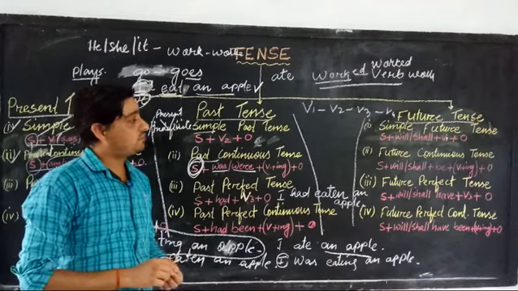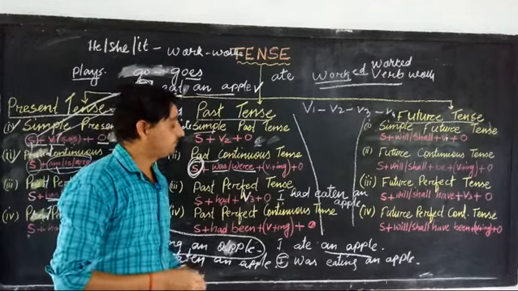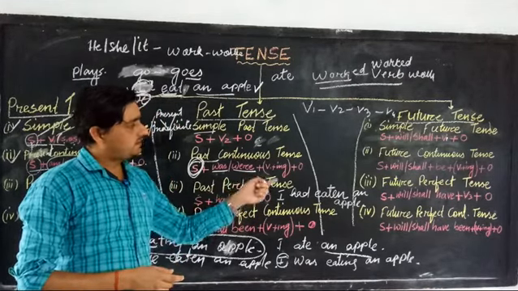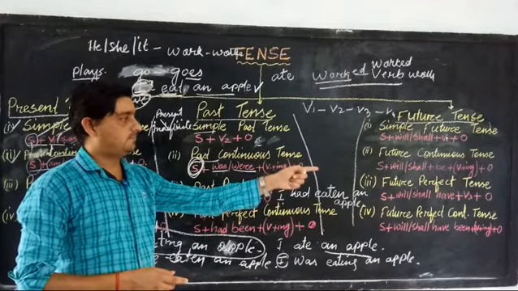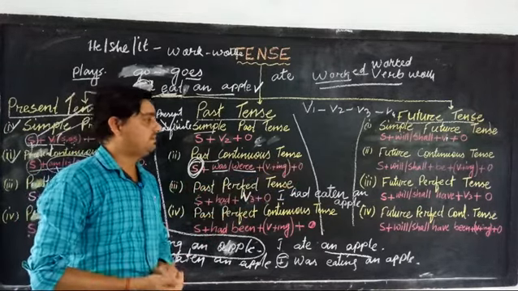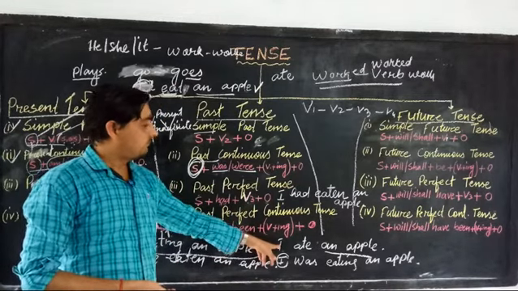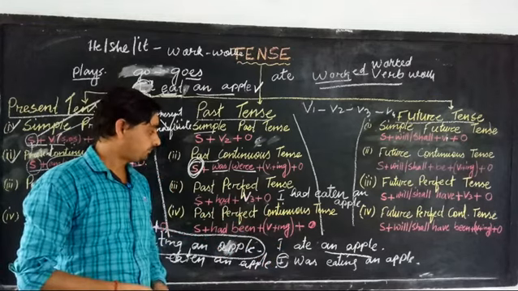Second, future continuous tense. Subject, will or shall, then we add be, first form of the verb plus ing, then object. The same sentence we will convert here also.